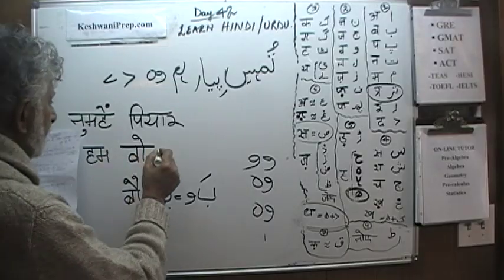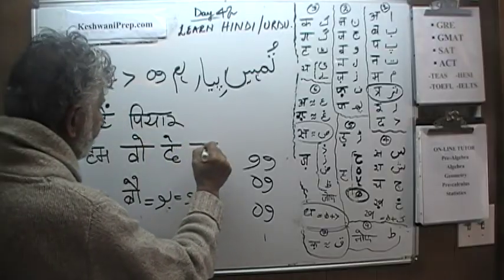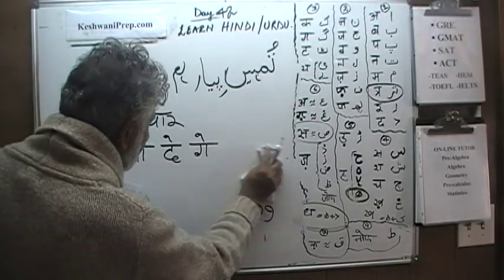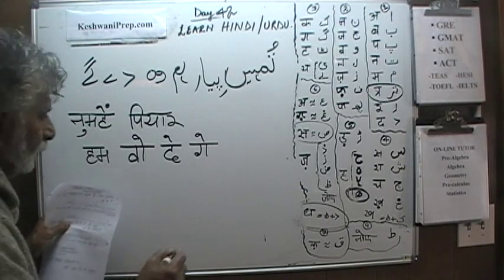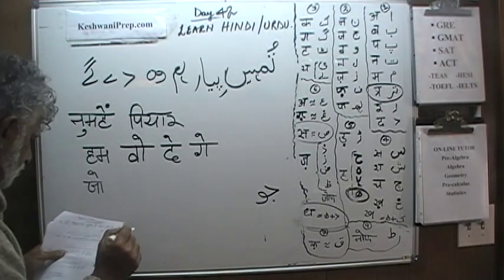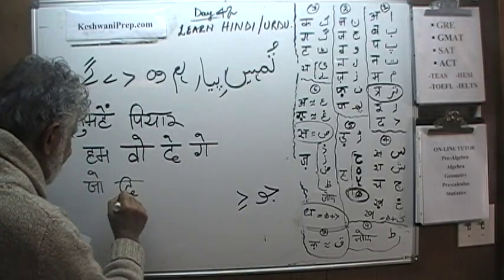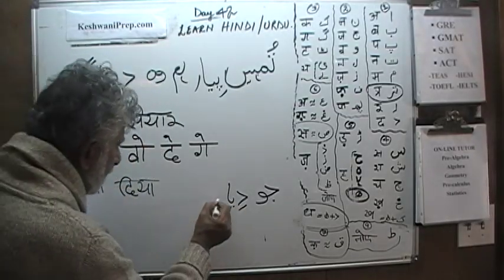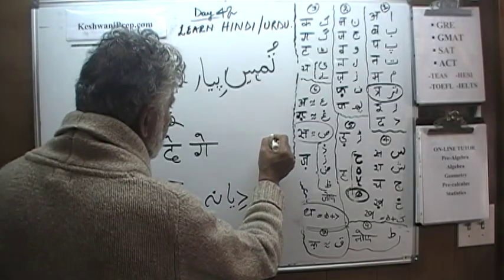Tumhe pyaar hum wo denge. Jo diya, di choti i ki matra, and then ya. Diya na. Now in Hindi it would just be na, but we do not write na like this.